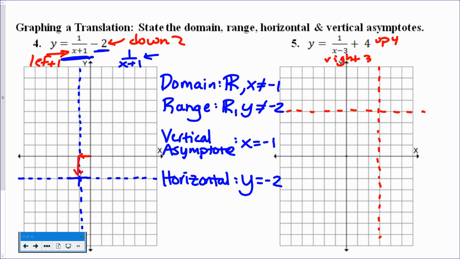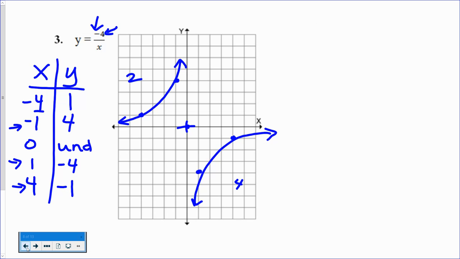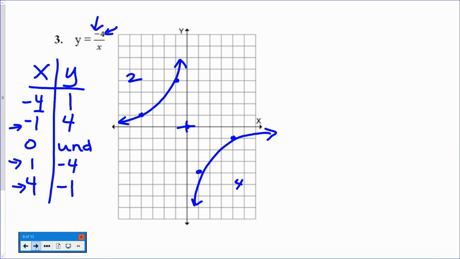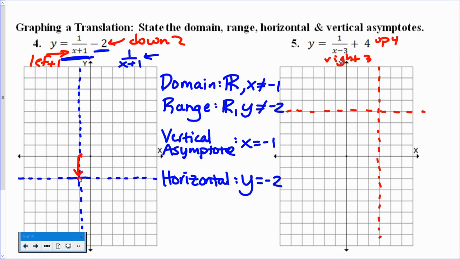So if I was graphing this by hand, which I guess you'll have to do a little bit on your paper test, I can use the same exact points as I did for 1 over x. I can use all those, but I'm working from here.